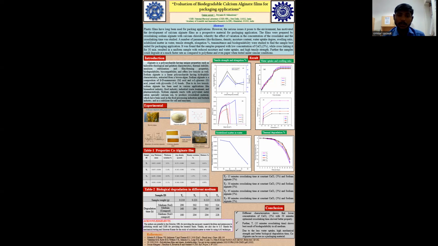For the T2 sample, the degradation time is 302 hours in soil and 184 hours in compost. So we can say that the T2 sample shows the best result as compared to T1, T3 or T4.